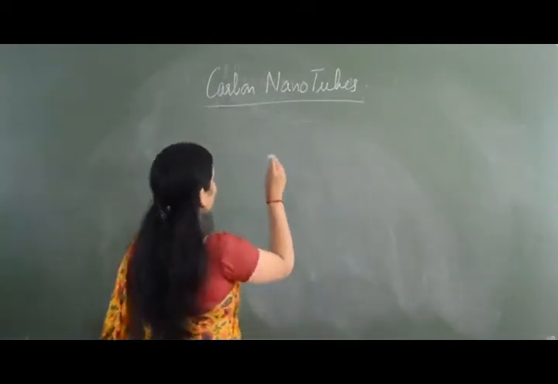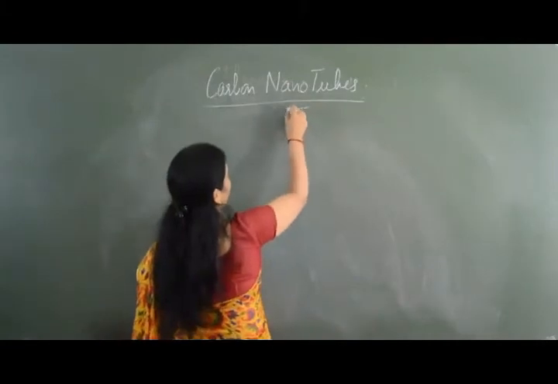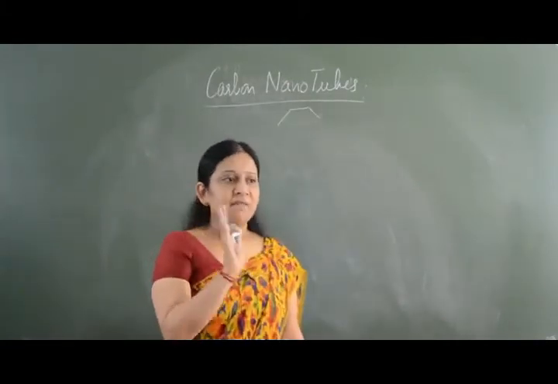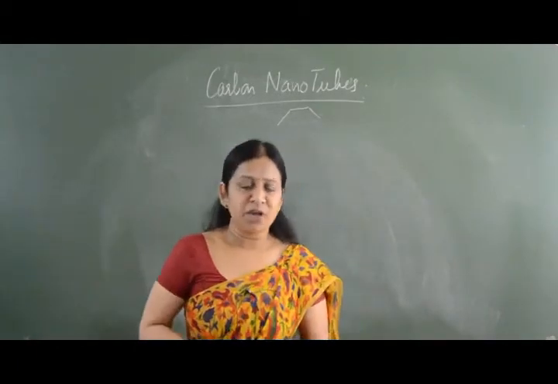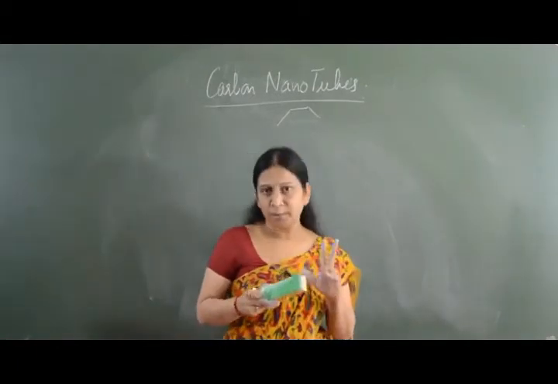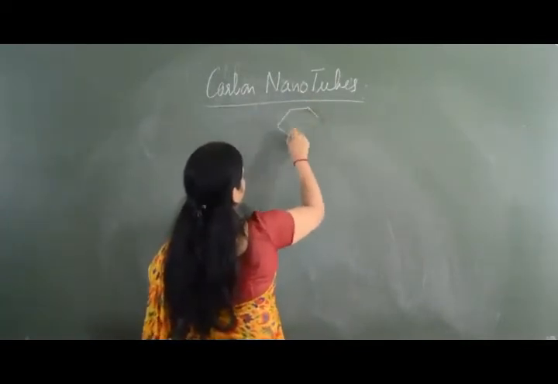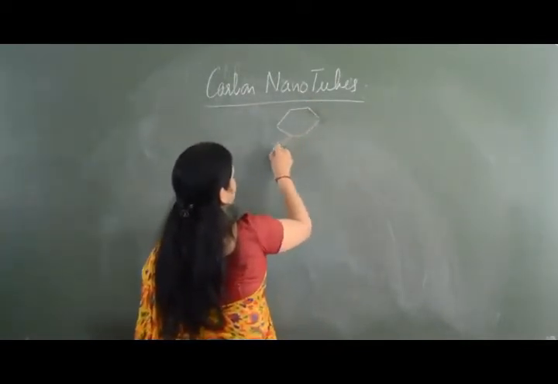So if I have to draw the structure of carbon nanotubes, then the polygons are the same as those present in fullerene. There we have hexagons and pentagons. So if I draw the carbon nanotube, this will be the structure.